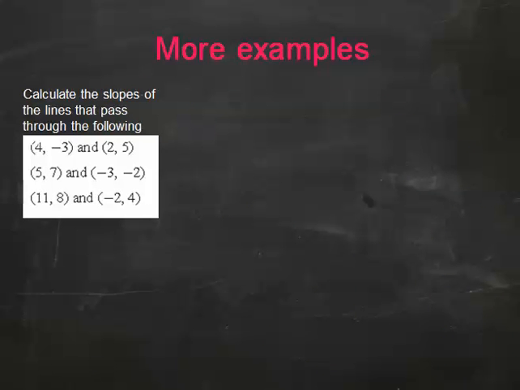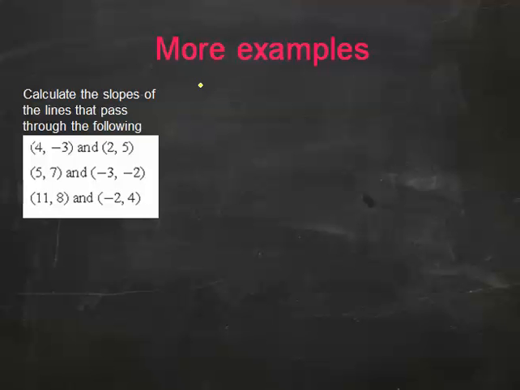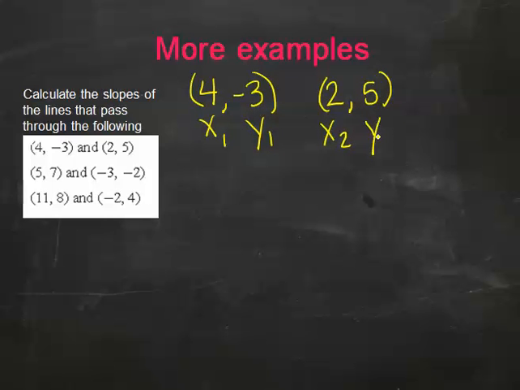Let's look at some more examples. Let's go with the 4, -3, and the 2, 5. Again, we want to just label our points. So we have our x1, y1, x2, y2. And remember, our formula says to do y2 minus y1 and then x2 minus x1.